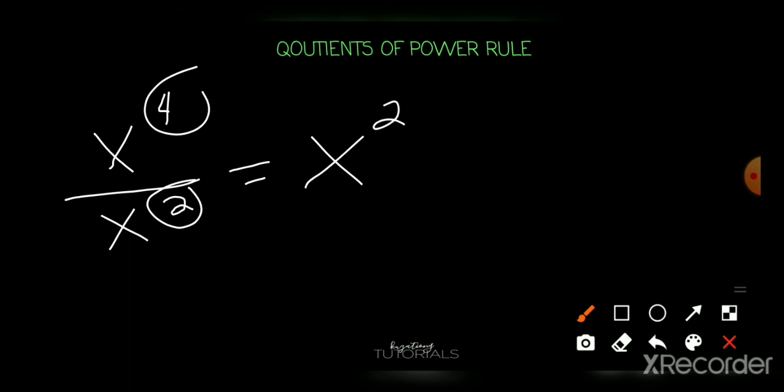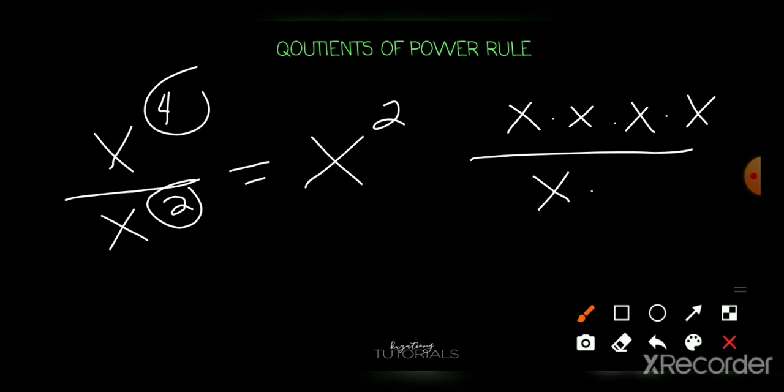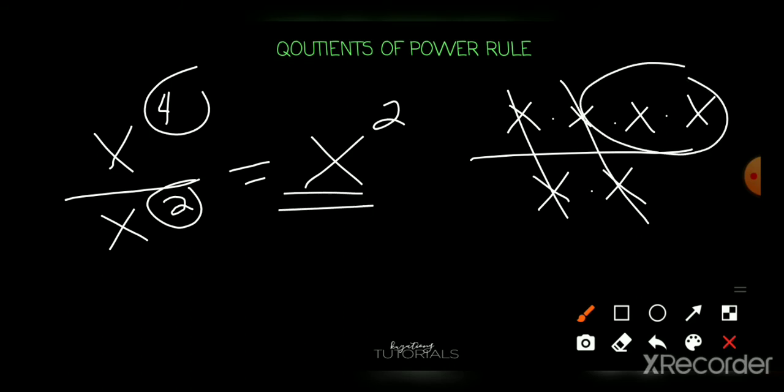If we expand it, x to the power of 4 is x times x times x times x, and x to the power of 2 is two x's. We can cancel out two of them, so what remains is two x's, which is x squared.